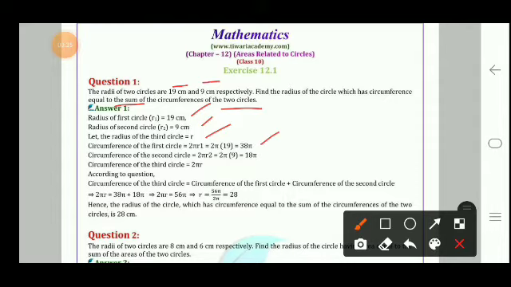Circumference of the second circle is 2 pi R2, that is 2 pi into 9, which is 18 pi. Now the circumference of the third circle is 2 pi r. According to the question, the circumference of the third circle is equal to the circumference of the first circle plus the circumference of the second circle. So 2 pi r is equal to 38 pi plus 18 pi, which is 2 pi r is equal to 56 pi. So we are getting r is equal to 28 centimeter, which is our answer.